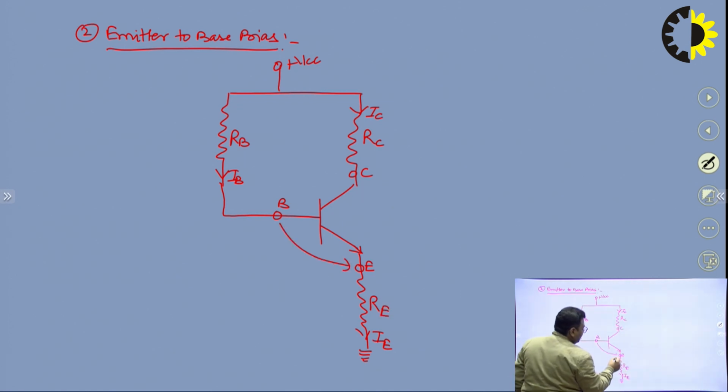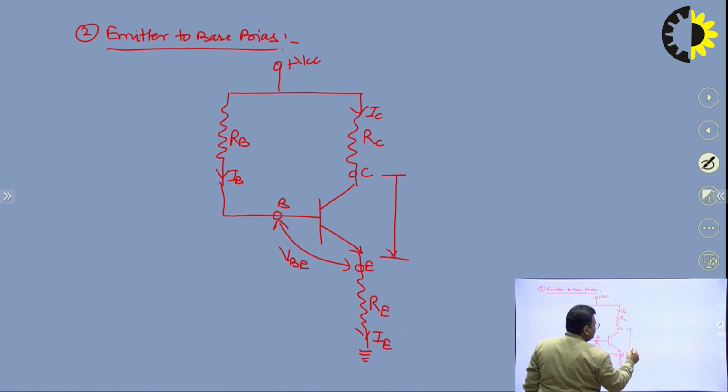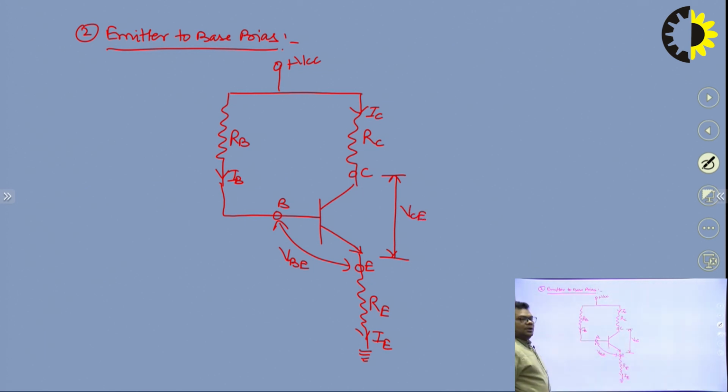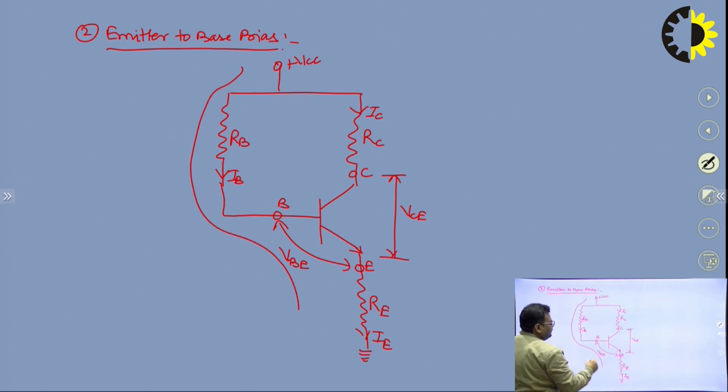The voltage drop between base and emitter is VBE, right, and the voltage drop between collector and emitter is VCE, right. So the same methodology we will follow. First of all, we will apply KVL at the input side, then we will apply it on the output side, right.